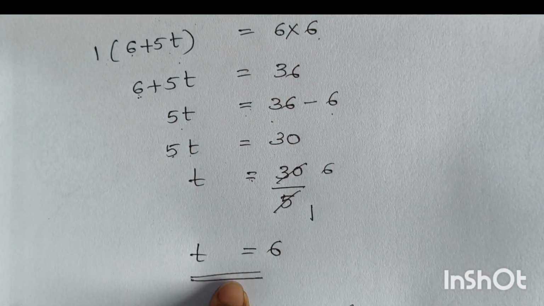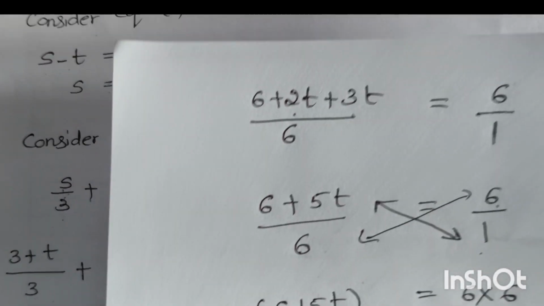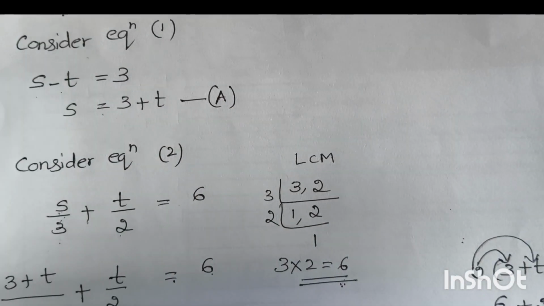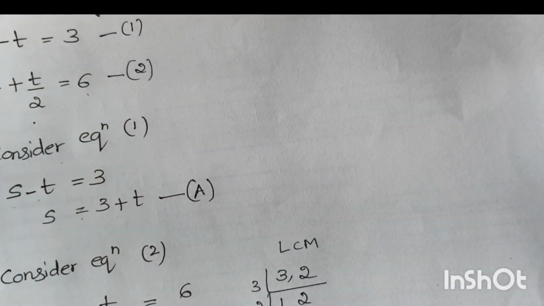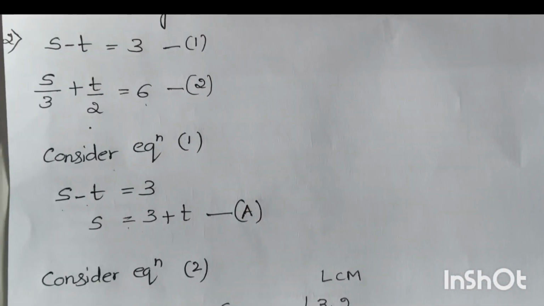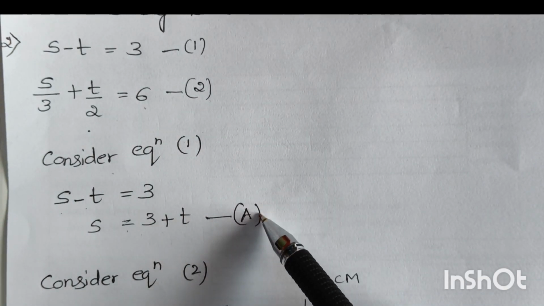Now, our intention is to find out the value of s, isn't it? So, to find out the value of s, you can substitute the value of t in any of these three equations. That is, you can use this one or this one to get the value of s.